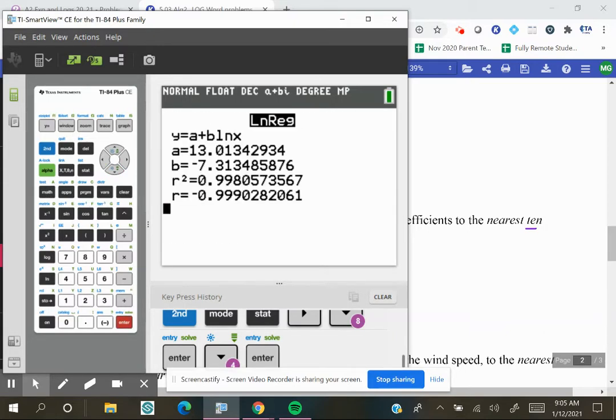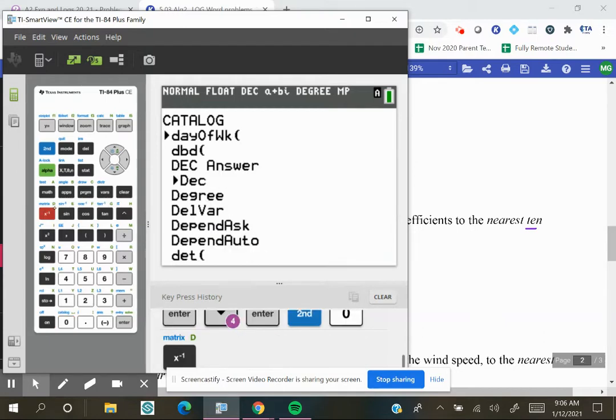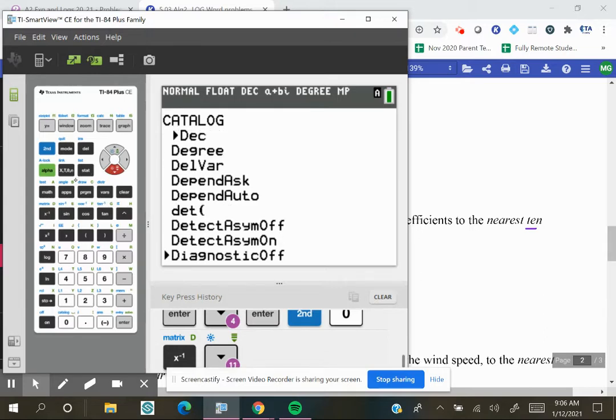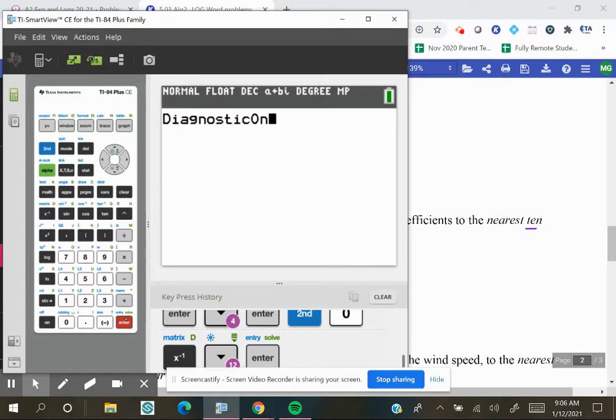I'm going to calculate. Remember too, I didn't ask you in this question about the correlation coefficient, but it is important to be able to find it. So whenever you do regression and before you start any test, I would go to second 0 and find your D section. So I go into the green D and scroll down to diagnostic on, which mine is already on. And then I'm going to push enter and then enter again.